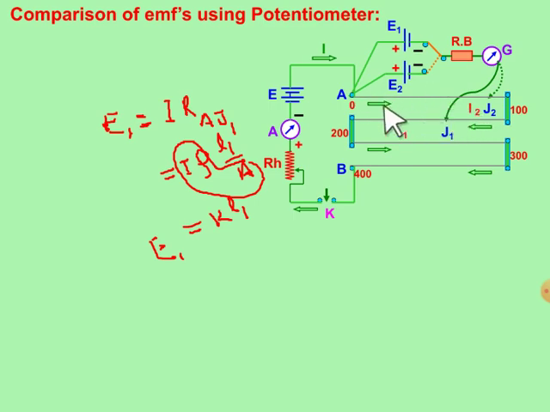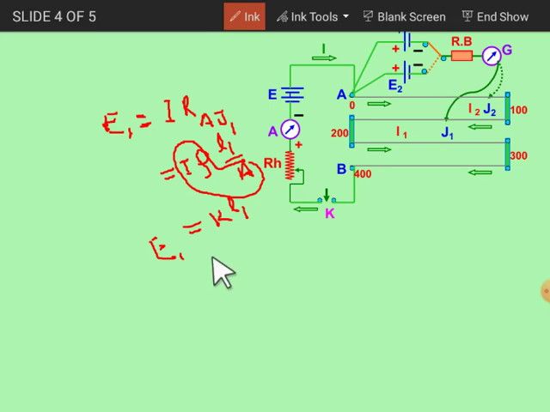In a similar way, your EMF E2 will be similar to the previous equation. Then E2 will be equal to K times L2, where L2 is the length from A, starting from here, to J2.